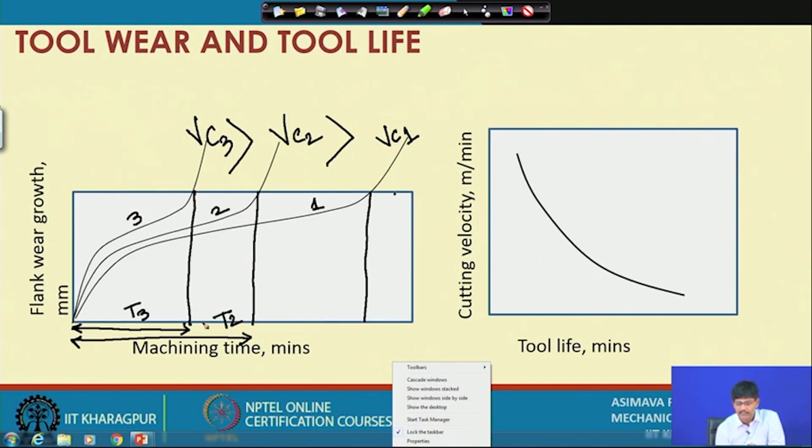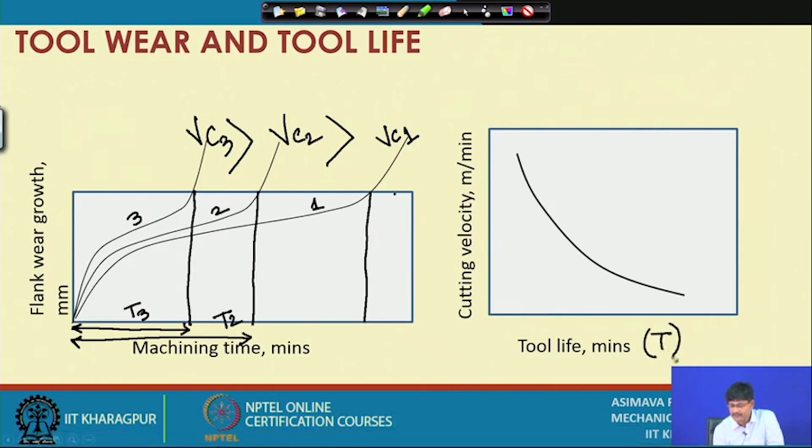So, if I now plot tool life on this axis, I call it T, and cutting velocity along this axis, let me call it Vc, we understand that there is a particular relationship expressed by this smooth curve, where this value will be equal to tool life and this value will be equal to cutting speed.